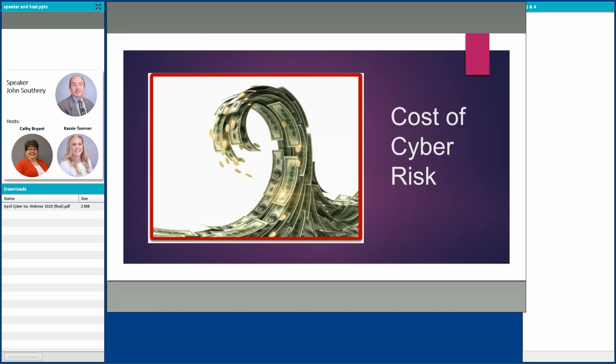We hear anecdotally after practices have cyber incidents that many of the costs associated with that incident were not expected, were larger than they expected, and in some cases not covered by insurance. So John, let's take a look at the cost of cyber risk.